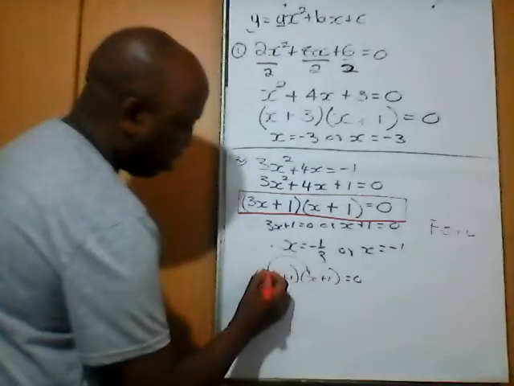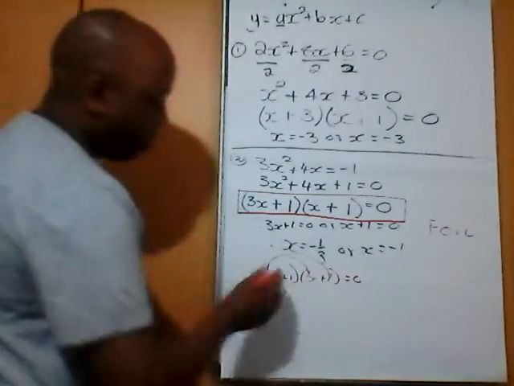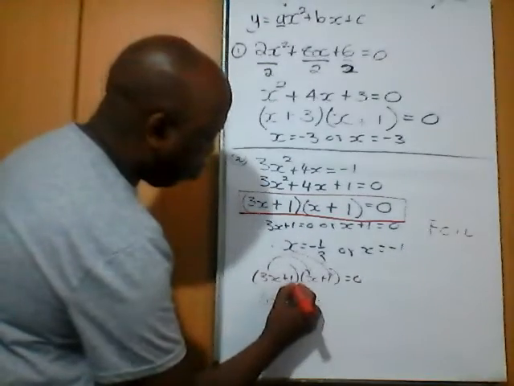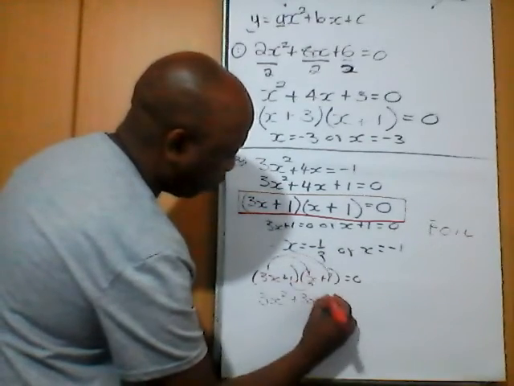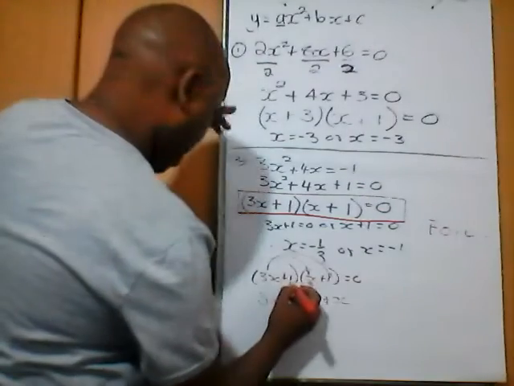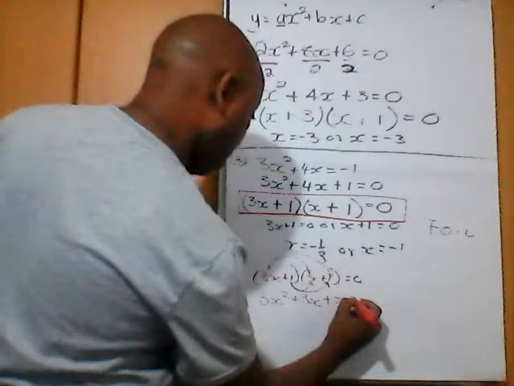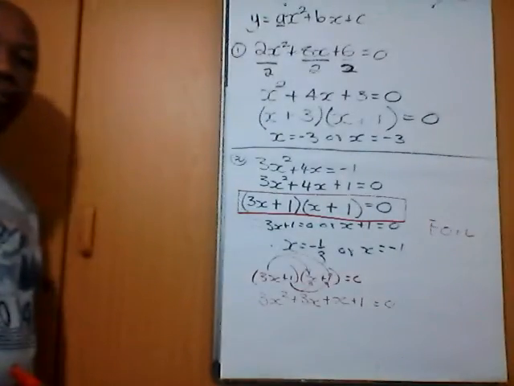Outer terms, 3x and 1 are the outside terms or outer terms. 3x times 1 will give me a 3x. Inside terms, 1 times x will give me a 1x, if you like. And the last terms, 1 times 1, which will give me a 1. All of this is equals to 0.